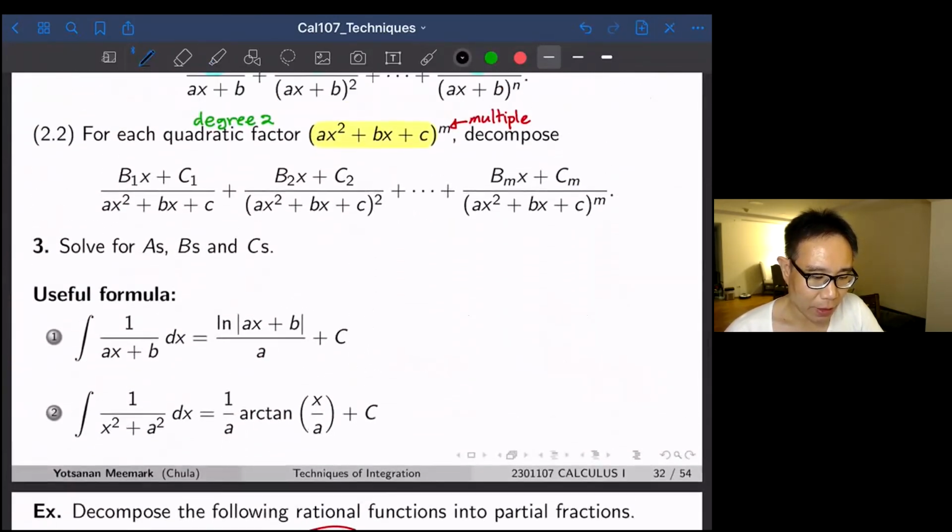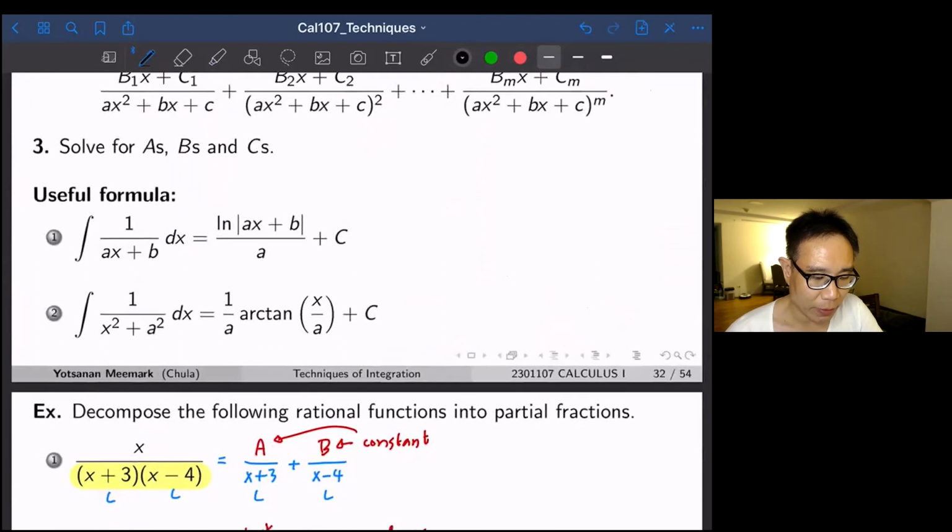So let me help you a little bit on the integration by substitution.